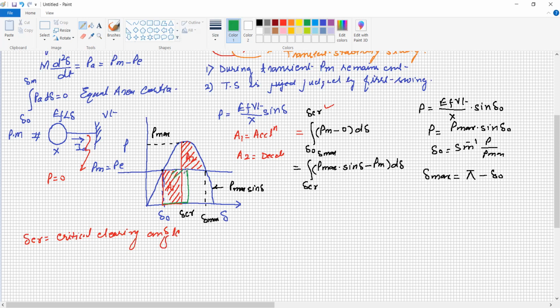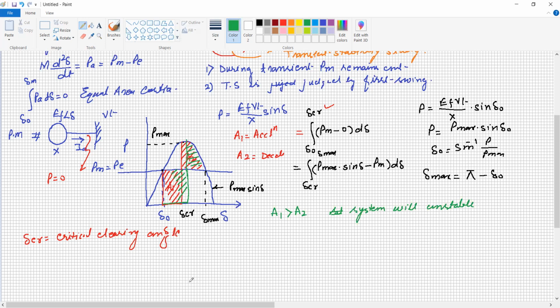Now, the area A1 is larger and area A2 is small under such condition. So, what happened? Area A1 is greater than area A2 and the system will be unstable.